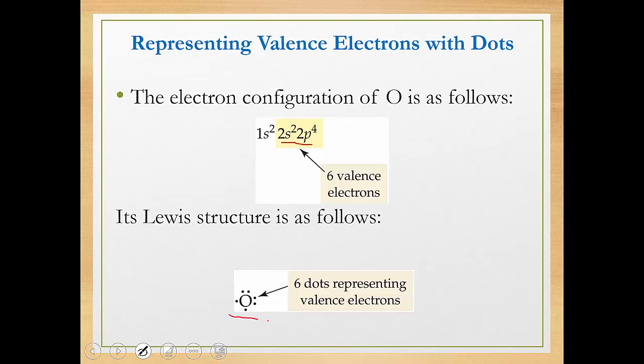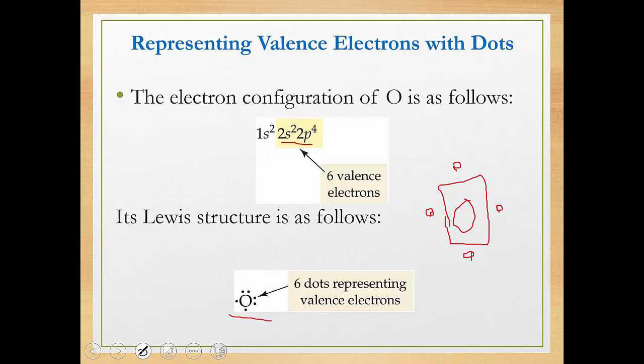I would draw the symbol for oxygen, and then I start putting the dots. So notice the way we do this. If you think of the symbol as being in a box, when you start putting in dots, here's 1, 2, 3, 4. I start by putting 1 on each of the 4 sides. Just as we said with electron configuration, we put them in one at a time, then we go back and double up.